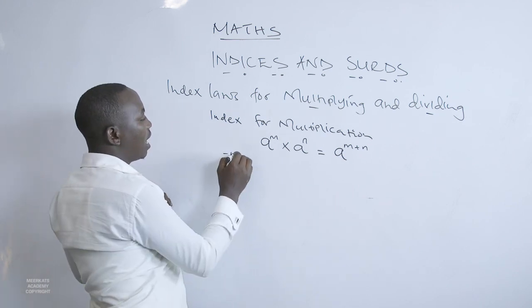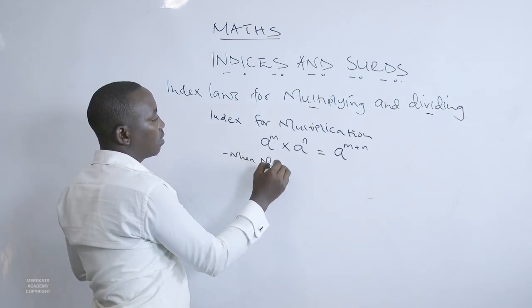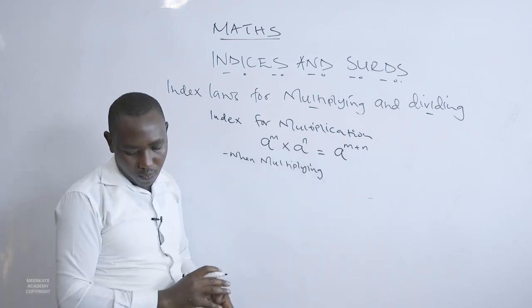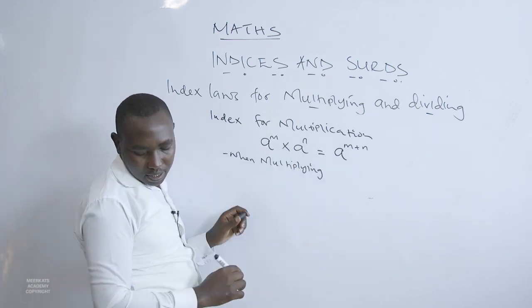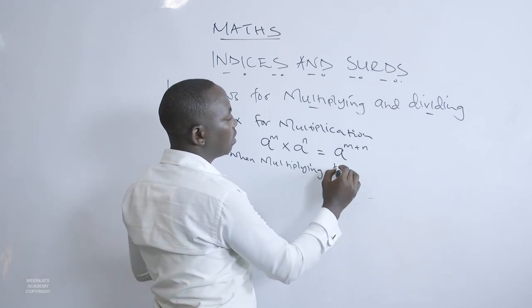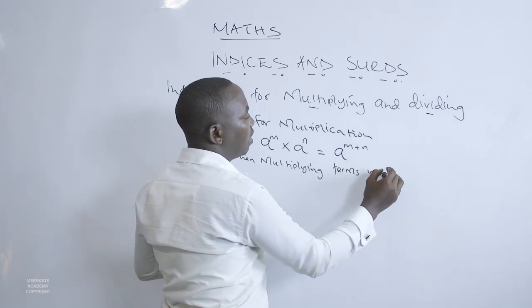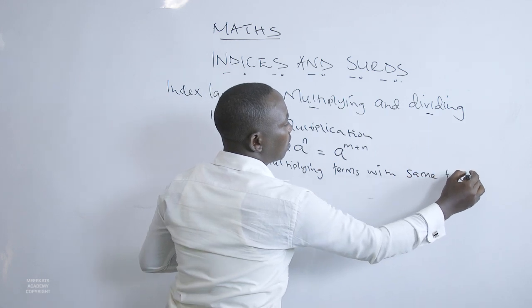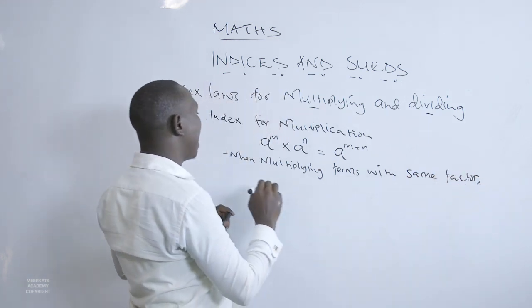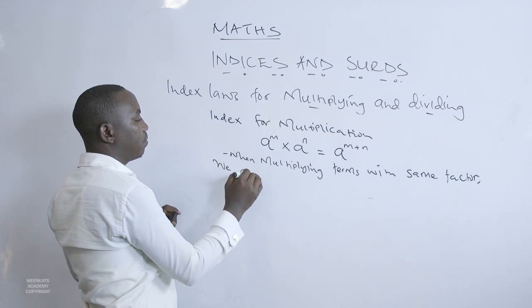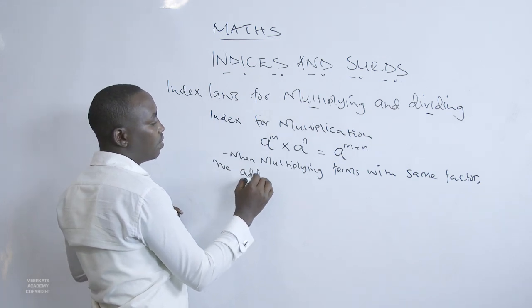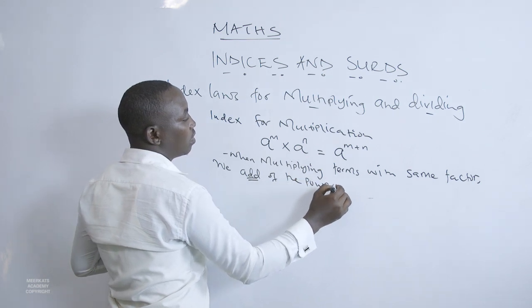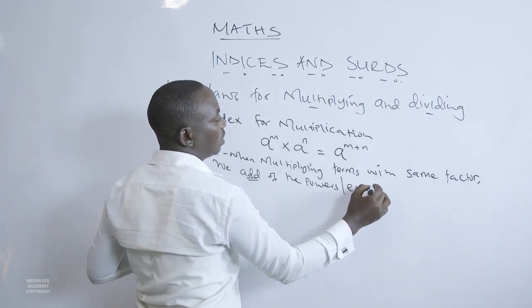So when multiplying terms with the same base, we add, or find the sum of, the powers or the exponents.